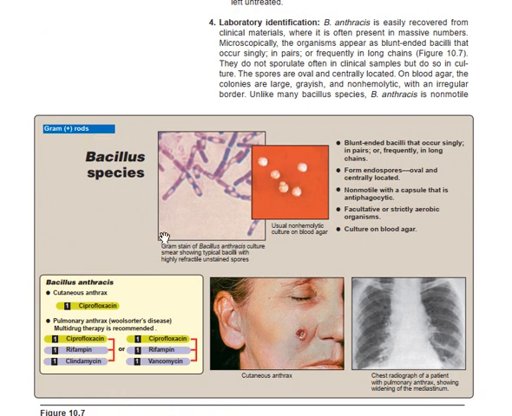Now, this is Bacillus species. Bacillus species is gram-positive. As you can see on this diagram, you see a gram-positive Bacillus anthracis culture. Is it clear? It shows typical bacilli with highly refractile unstained spores. So you can visualize spores inside here which are going to be unstained.